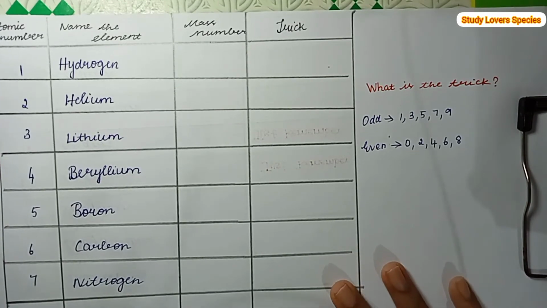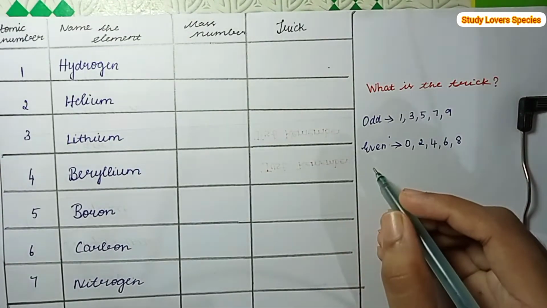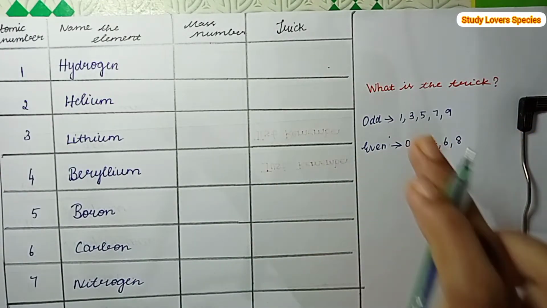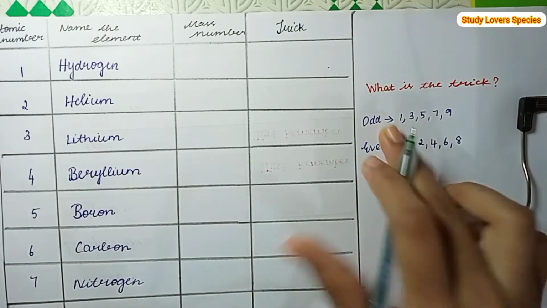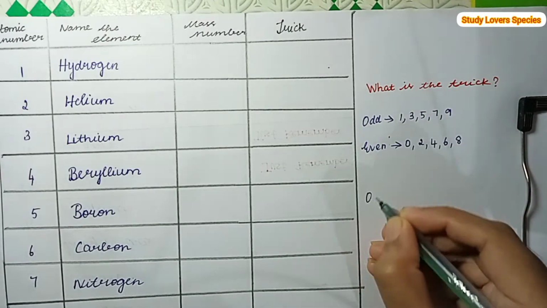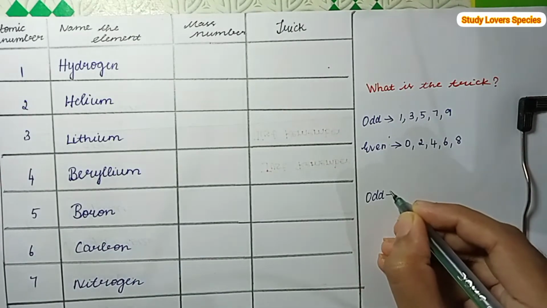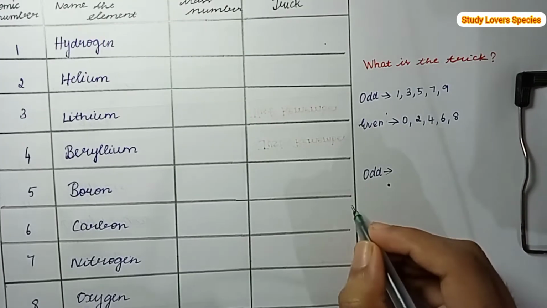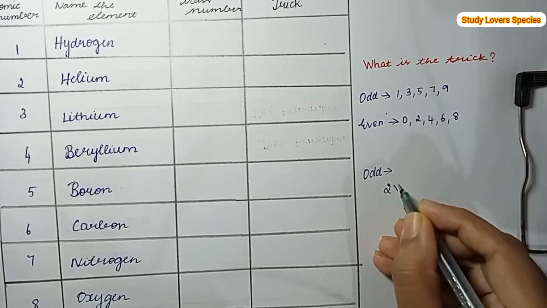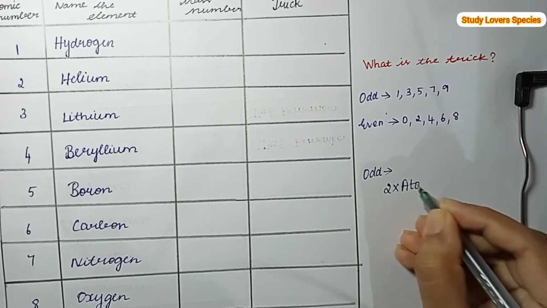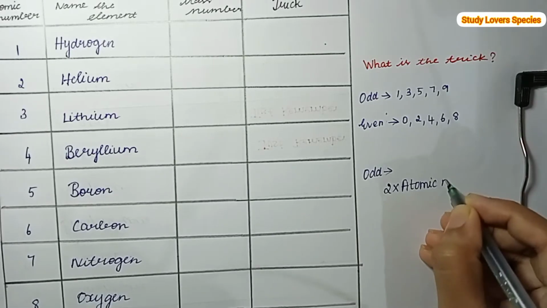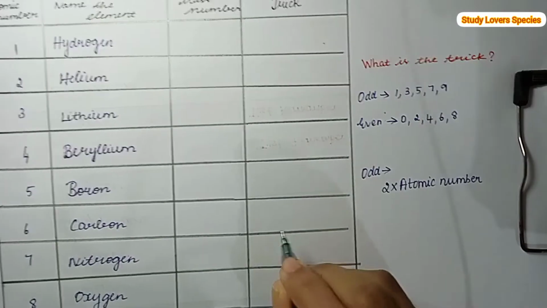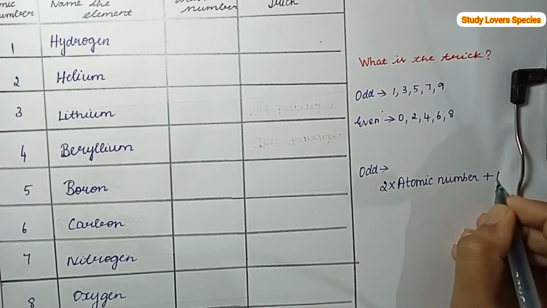Next, the trick is for elements which have an odd atomic number. For an odd number, you should use the formula 2 into atomic number plus 1.